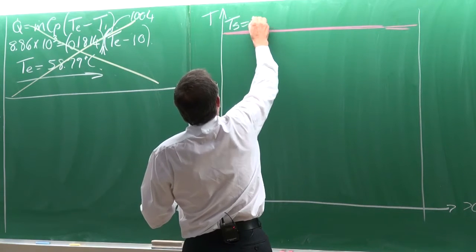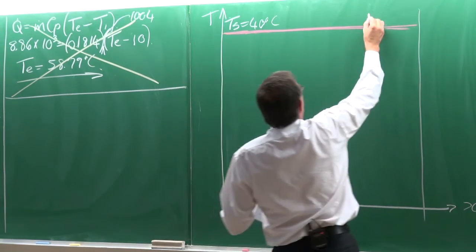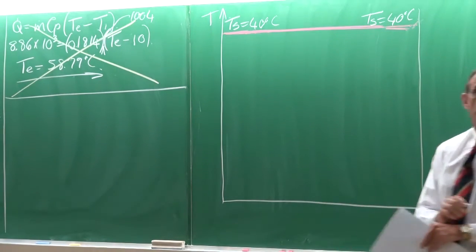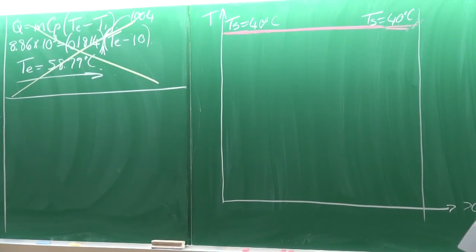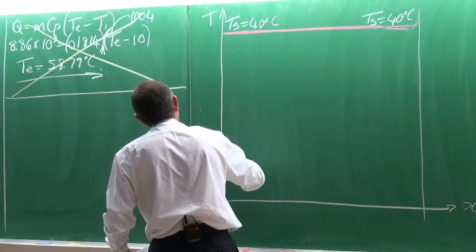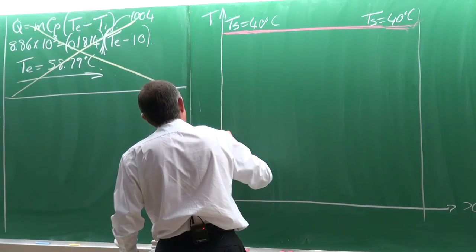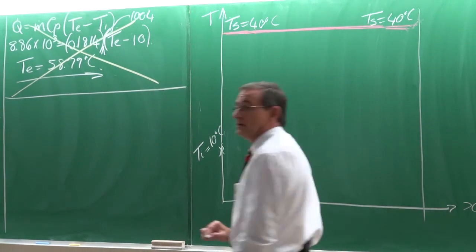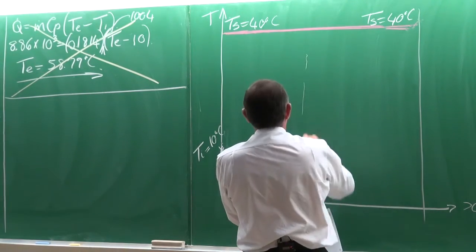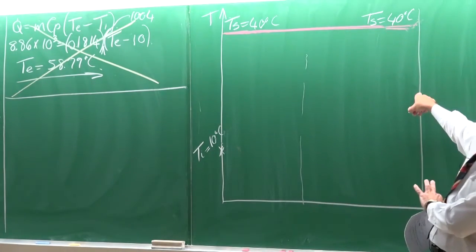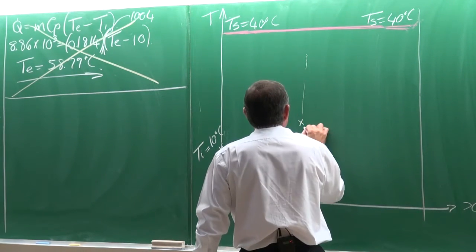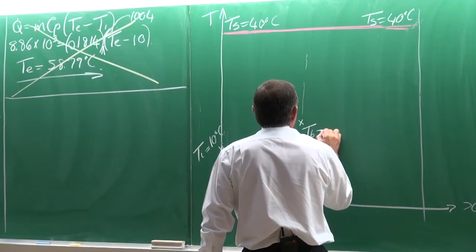So the temperature there is 40 and it remains to be 40. Right? The inlet temperature is 10 degrees. Okay. And my selection of the bulk temperature, I don't even know what this outlet temperature is, was 15. So there's the bulk temperature of 15.